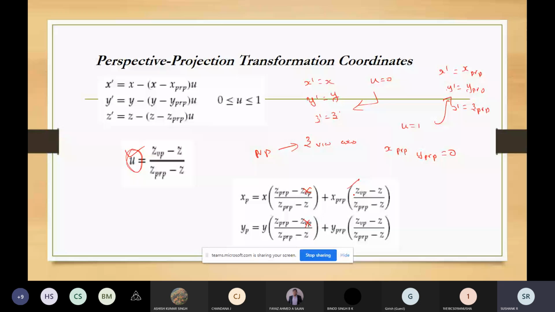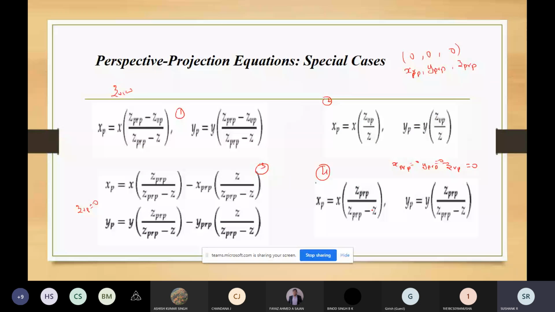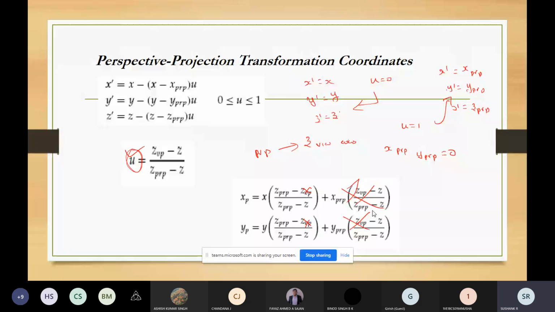This is one example. One thing you should do: we have so many equations, so just remember the general equation. From the general equation, you derive the four equations. One is at the origin, one is ZVP 0, that is the UV plane, and the other is where X projection, Y projection, and ZVP are 0.